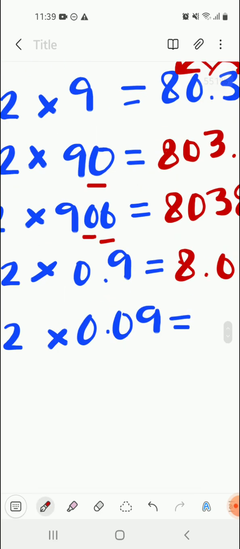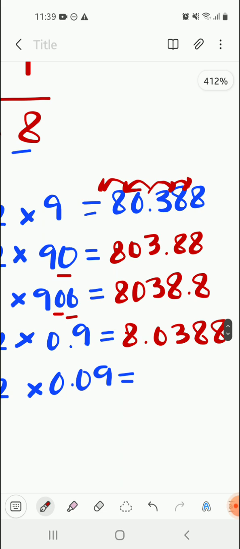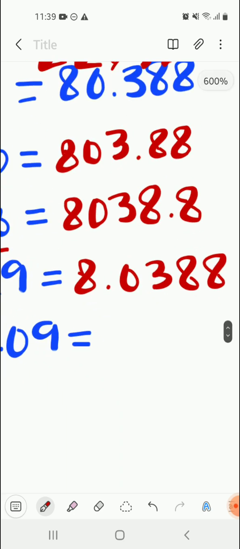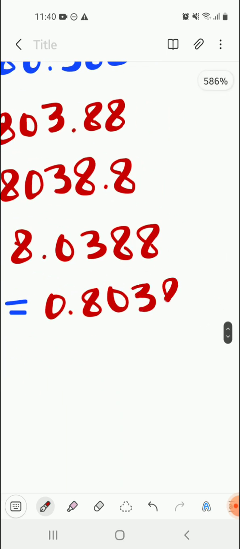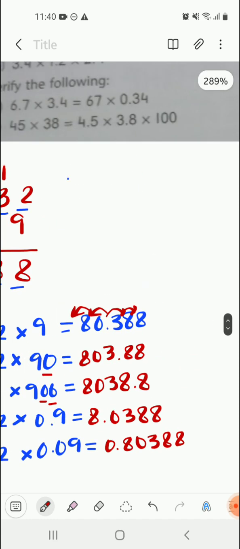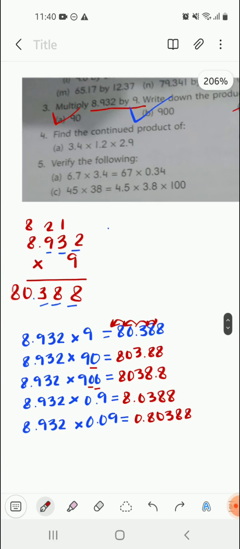So since there are two shifts, the decimal point will shift further. And it would become 0.80388. Since there is nothing left, we are writing a 0, inserting a 0 here and then putting a decimal point in order to simplify it.